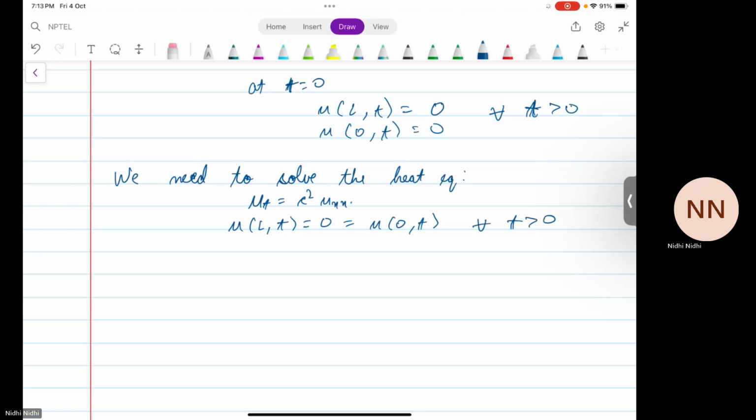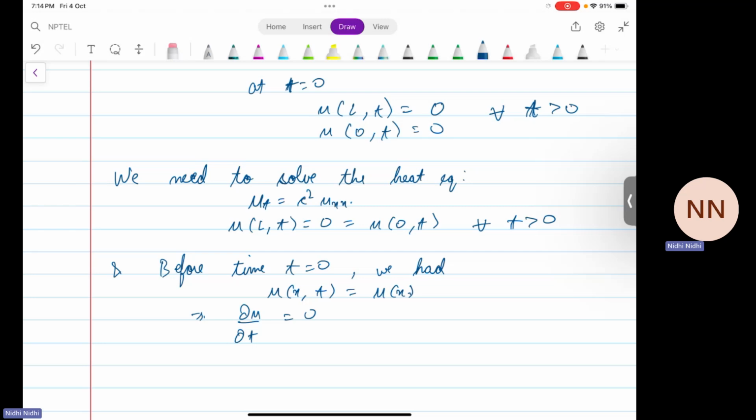And since before time t equals 0 this rod was at steady state, we had u(x,t) equal to u(x). That means del u by del t is 0.